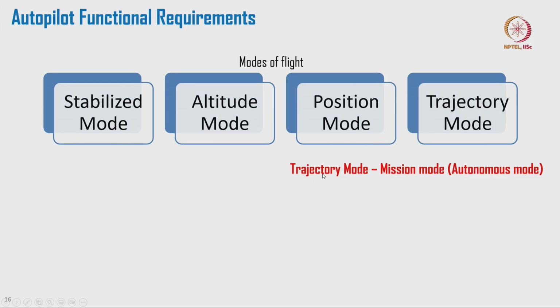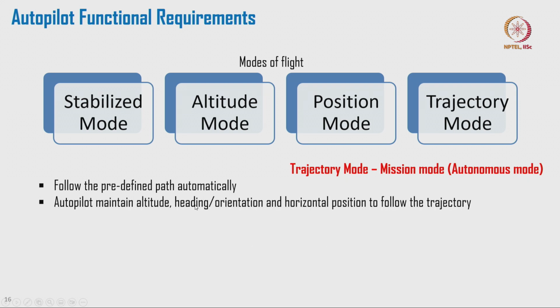There is another mode called trajectory mode or mission mode. It is more of an autonomous mode. Again, the workload on the pilot decreases significantly when you move from stabilized mode all the way to the higher modes. In trajectory mode, the drone follows a predefined path automatically. The autopilot maintains altitude, heading, orientation and horizontal position to follow the trajectory, with lesser workload on the pilot.